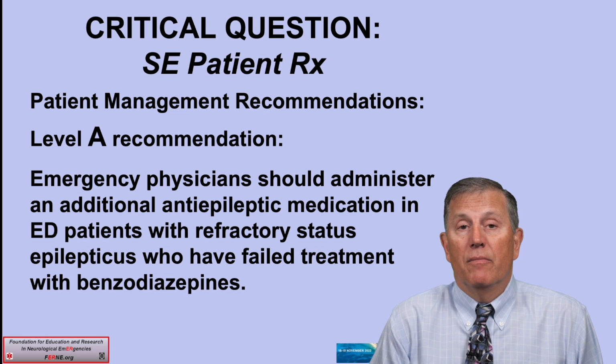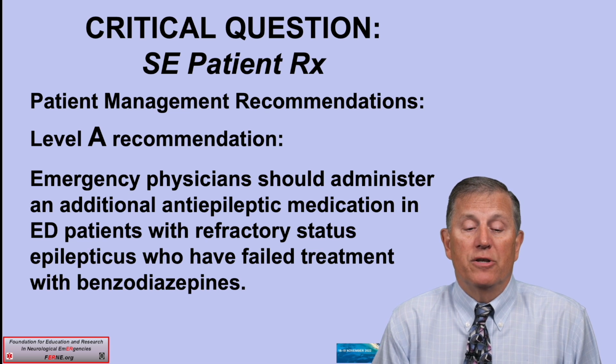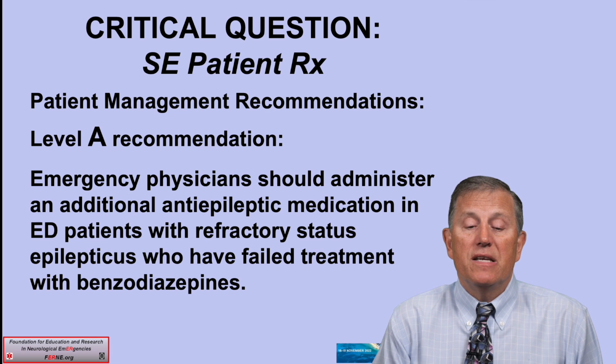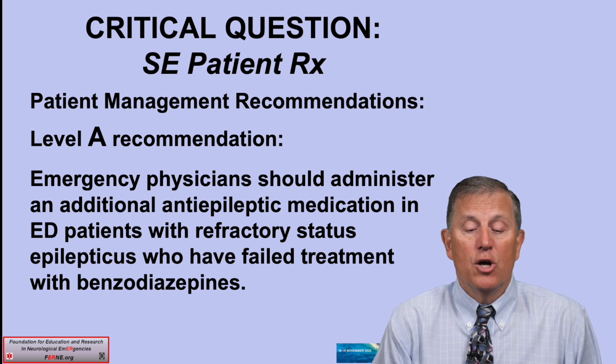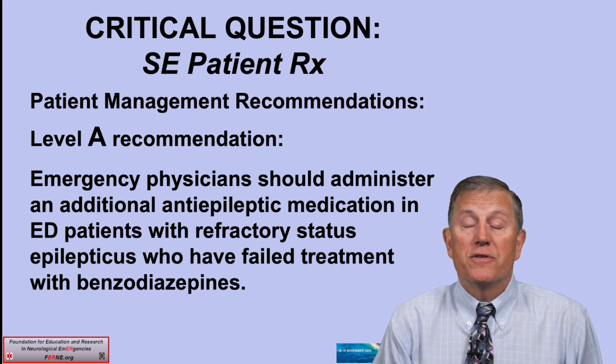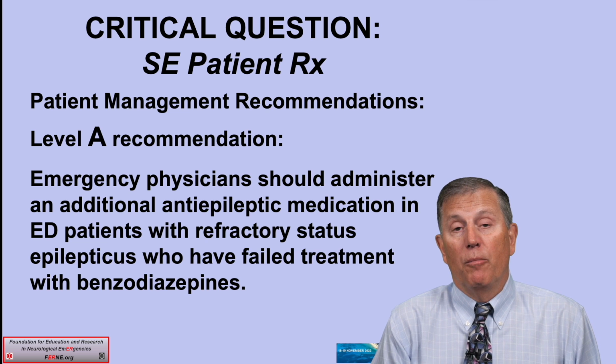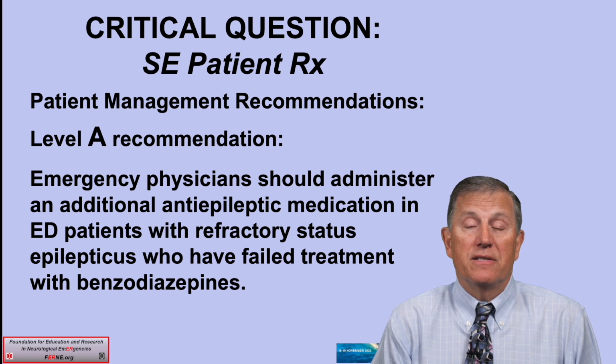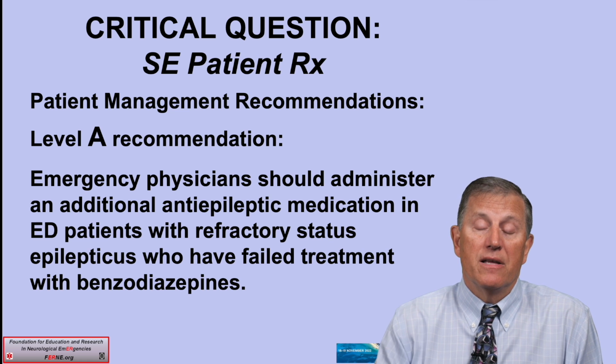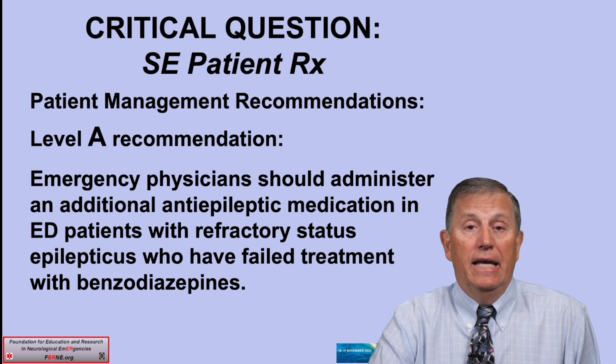In this case, there is support for a level A recommendation, which is the strongest recommendation, that states emergency physicians should administer an additional anti-epileptic medication in emergency department patients with refractory status epilepticus who have failed treatment with benzodiazepines. In other words, if the benzodiazepine therapies do not terminate the seizures and status epilepticus, a subsequent medication in a second therapy phase should be provided.